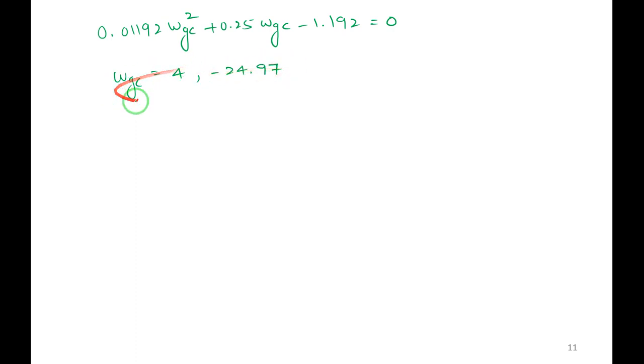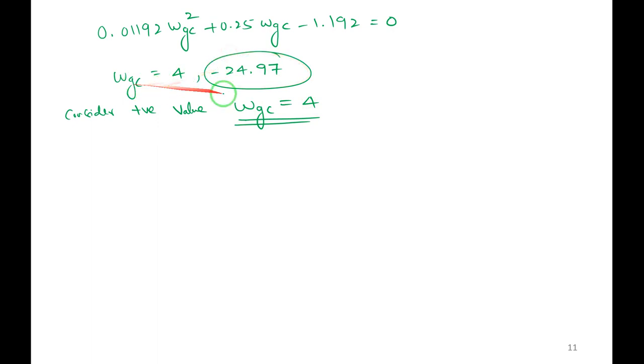So we have to consider the positive value. Why should I consider the positive value? Anyone can answer? We should always discard the negative value. So omega gc is equal to 4 radians per second.